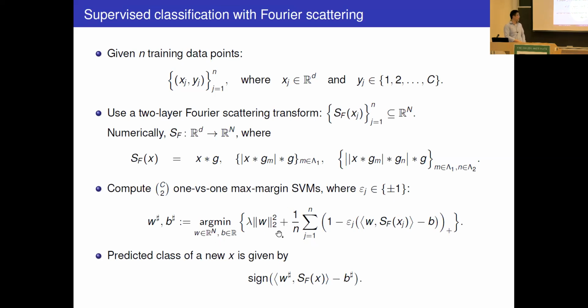It's saying that I don't want to make w too big, okay? The reason I don't want w too big is because I want the data points to be far away from the splitting hyperplane. And so a new x is predicted just through this hyperplane. I look at which side of this hyperplane it falls on after I perform this Fourier scattering transform.